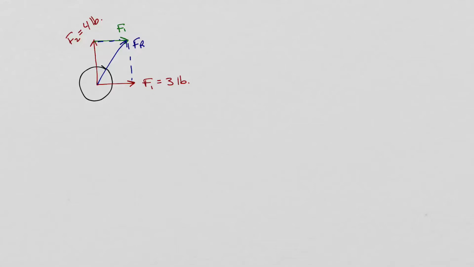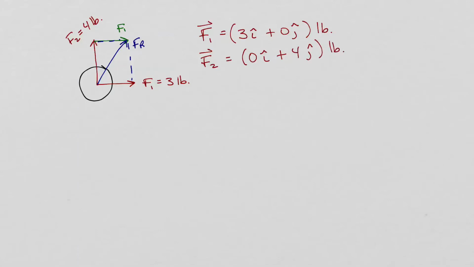So F1, let's write that in Cartesian format. F1 equals 3 units in the i direction, so that's the x direction, plus 0 units in the j direction, and those are pounds. F2 is 0 in the i direction because it's going straight up, plus 4 in the j direction, and that's pounds.